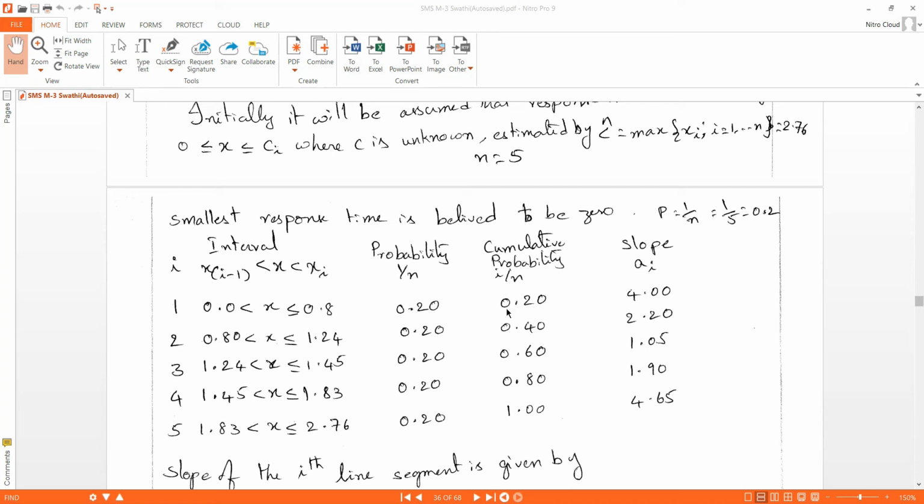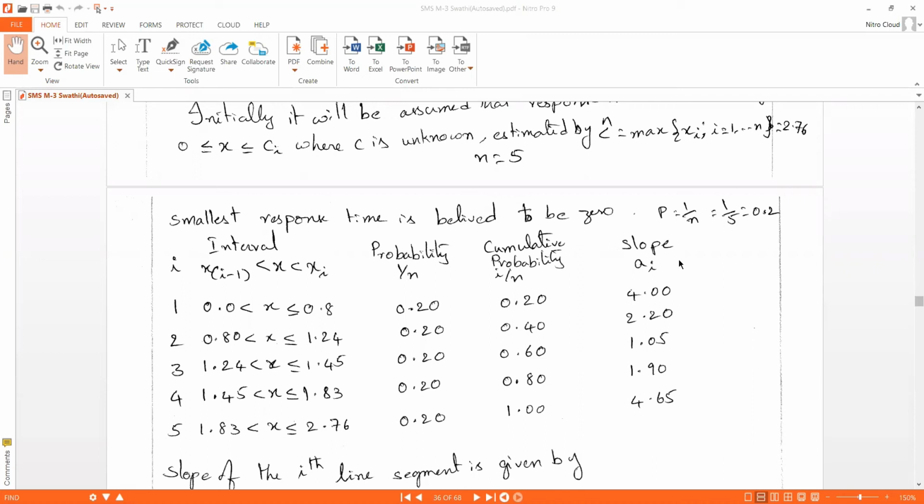The previous was 0.20 plus 0.20, we get 0.40. Next 0.40 plus 0.20 is 0.60. 0.60 plus 0.20 is 0.80. 0.80 plus 0.20 is 1.00. The same thing we can calculate using i by n also.